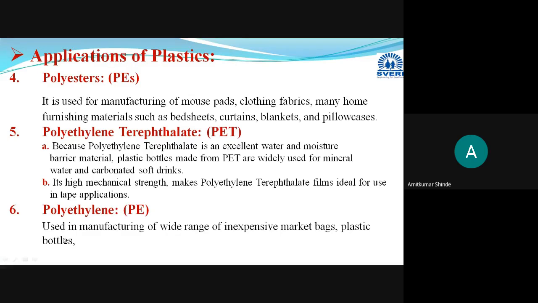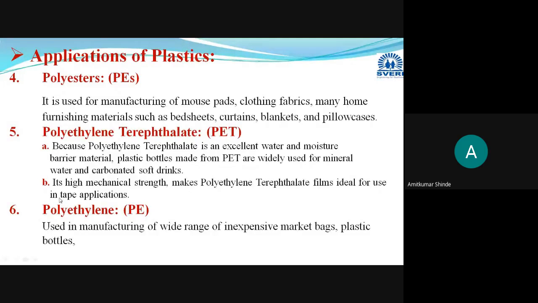It also has high mechanical strength. That's why tapes made from polymer material, such as measuring tapes, are also made from polyethylene terephthalate, because it has high mechanical strength, or you can say high tensile strength.